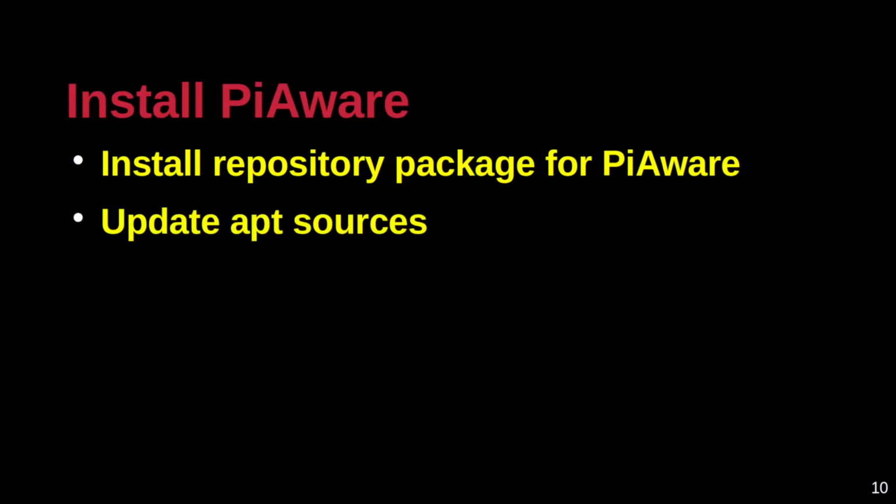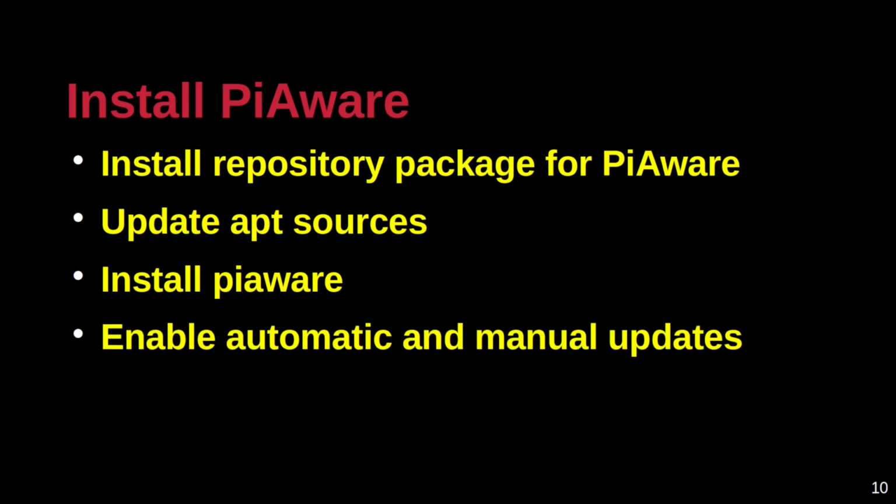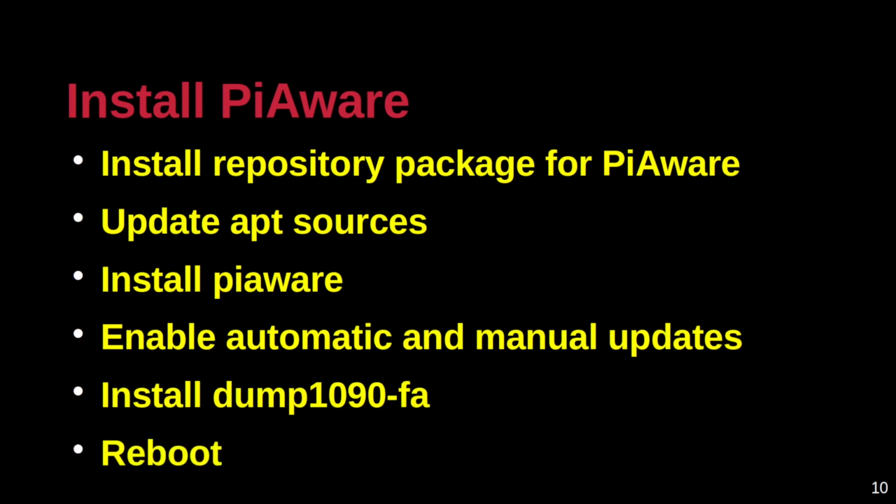Before the PiAware software can be installed, the repository information must be upgraded so that the installation processes can obtain the links to the software. This activity is performed by updating the apt sources.